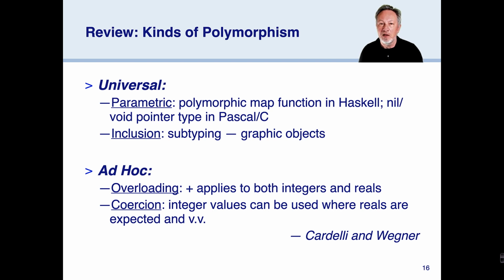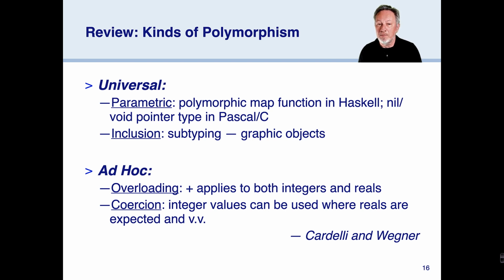Coercion implicitly converts things to be of the right type. With universal polymorphism, on the other hand, you have one implementation and it's polymorphic. That is, it will take arguments of different types. With parametric polymorphism, like you have with polymorphic functions in Haskell or with generics in Java, you have methods that will take arguments that are of multiple types.